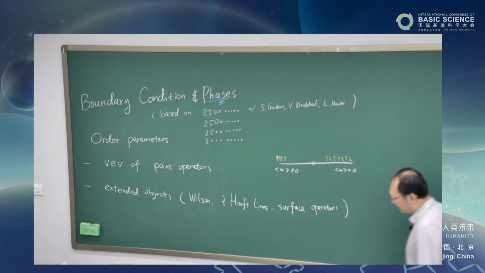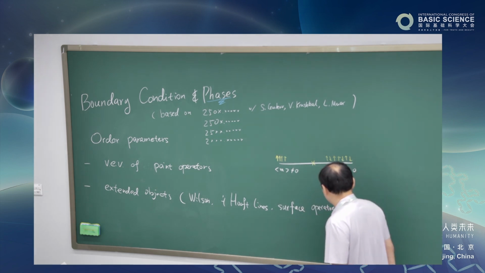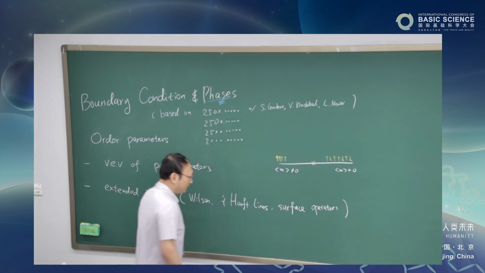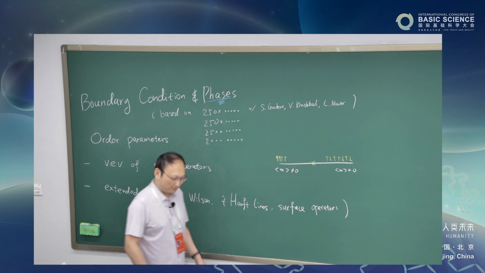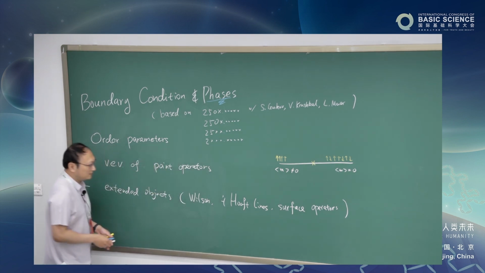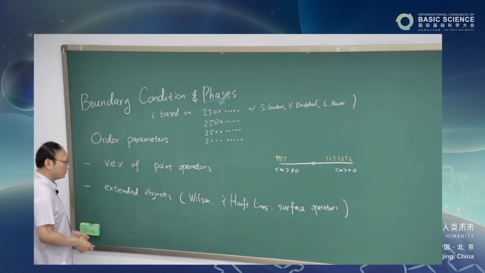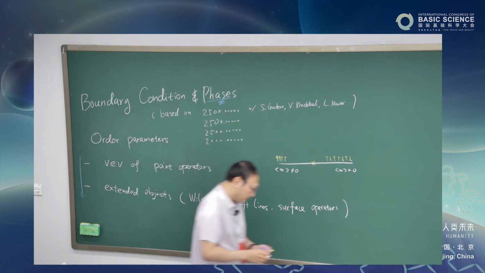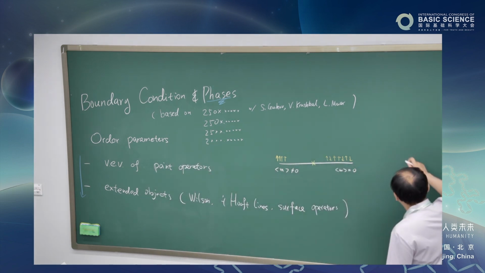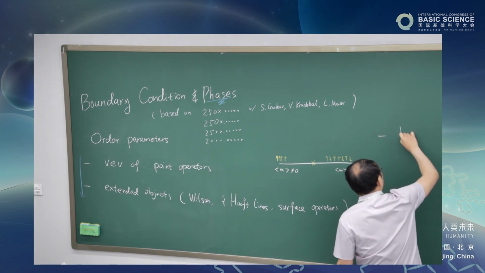For example, in work by Gukov and Kapustin, where they point out some interesting applications of using surface operators. So in a sense, what I'm going to talk about today is a continuation of this work, because I'm going to talk about the boundary conditions.